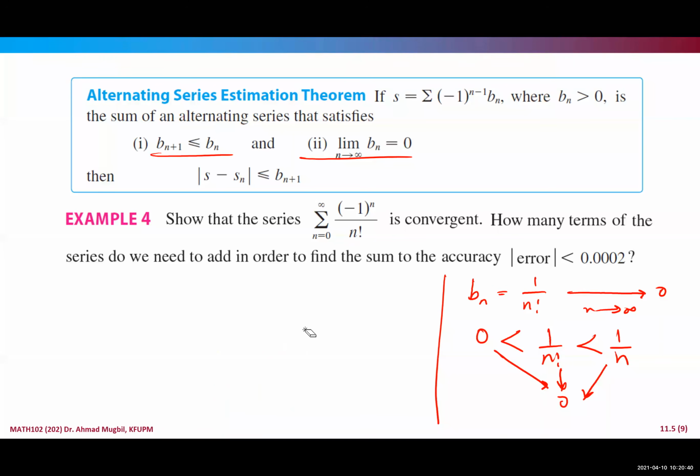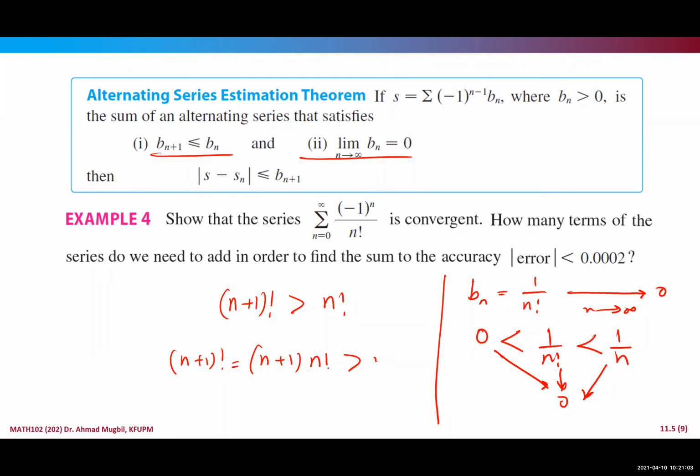Also the first condition is clear. How to do that? It is clear that n plus 1 factorial is greater than n factorial. Am I right? Clear, because n plus 1 factorial is n plus 1 multiplied by n factorial.